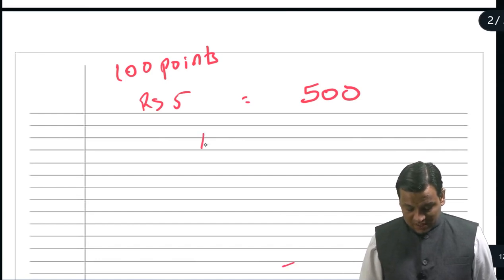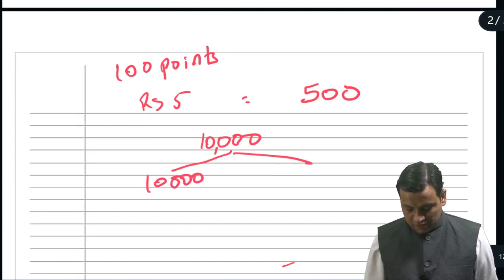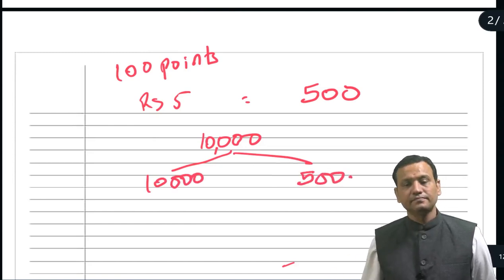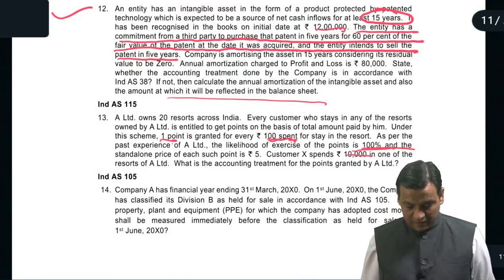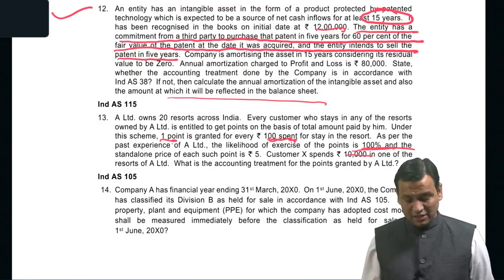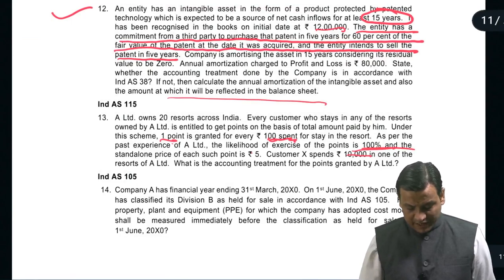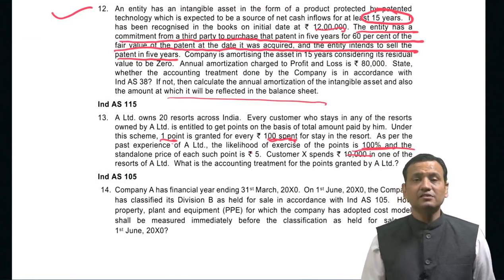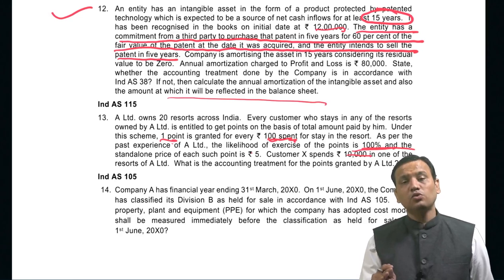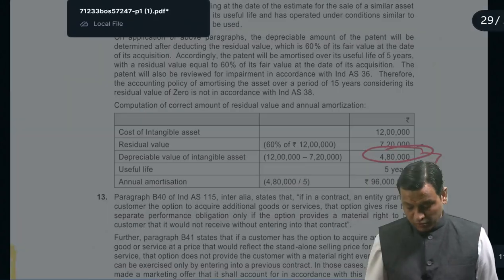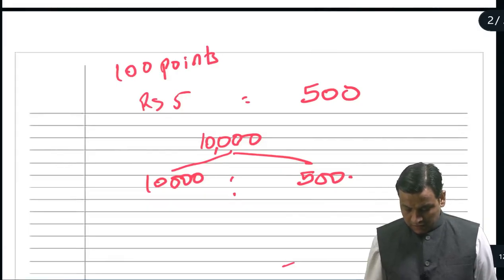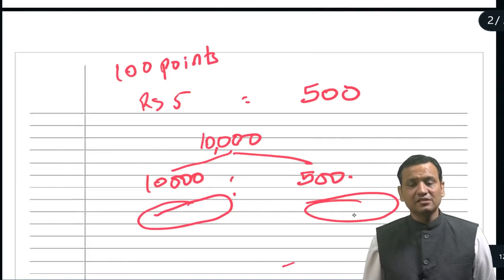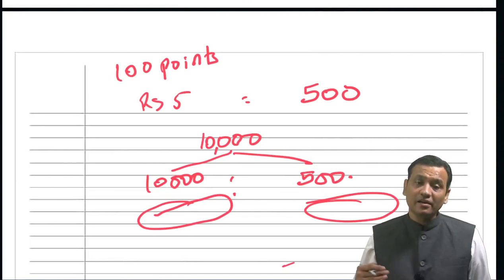So this 10,000 amount that is received will be divided in the ratio of 10,000 and 500, in the ratio of SSP, and whatever amount comes out of the 10,000 will be considered as revenue now, and the amount of revenue pertaining to the points, whatever amount comes, will be considered as revenue as and when the points are redeemed.